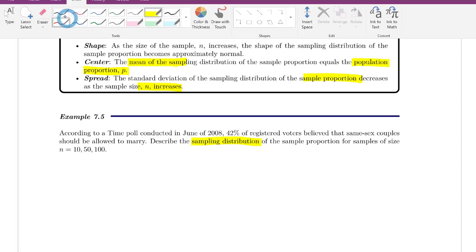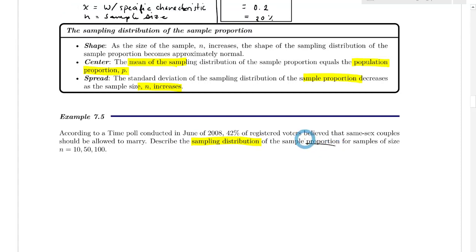Prior to this, we discussed the mean and the standard deviation with respect to the sample mean. We're going to do it now for the sample proportion.